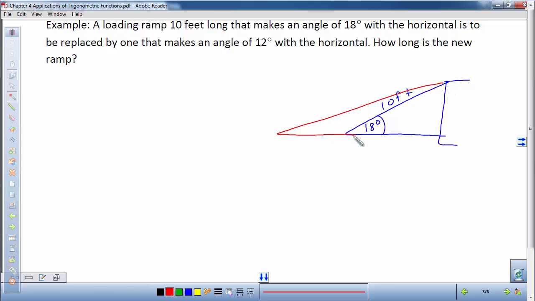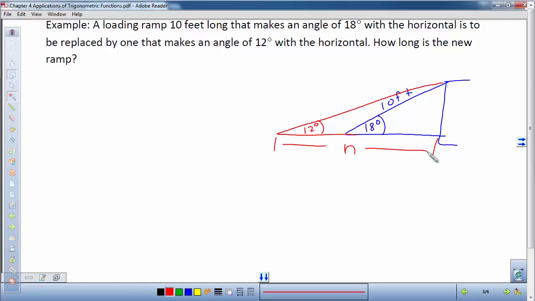But now it's a longer trip up. Now we have an angle of elevation of 12 degrees, and we want to know what this distance is. I'm going to call it N for new ramp. Is that an accurate picture?